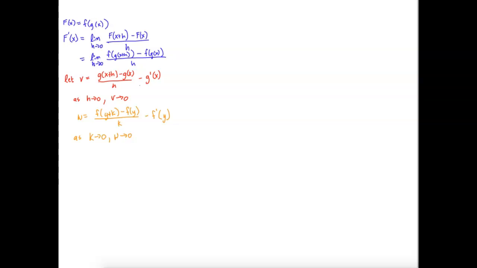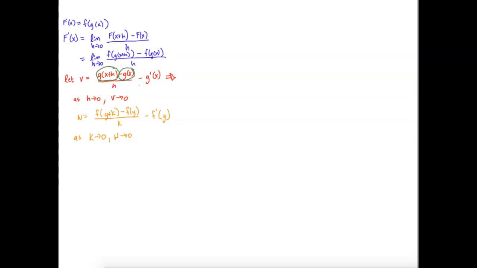All right, so from this definition, I can do a little bit of manipulation here. I'm going to do it on the v equation. And what I want to do is isolate g of x plus h. I want to solve for g of x plus h. So that's going to involve multiplying the h to the other side of the equation, and then I'm going to have to add g of x.